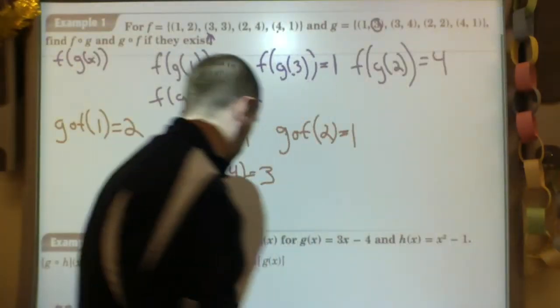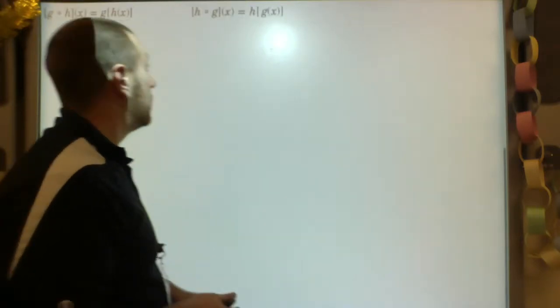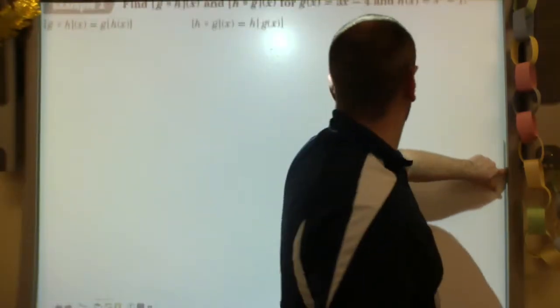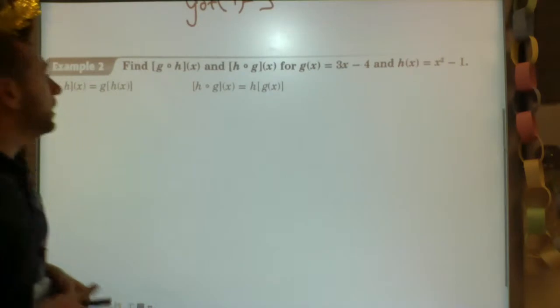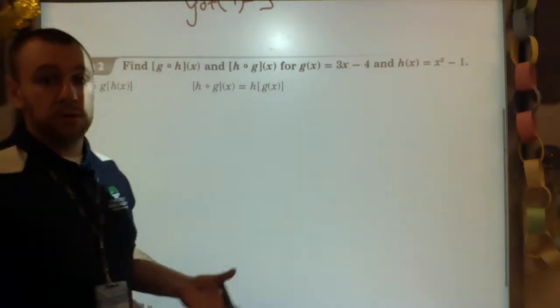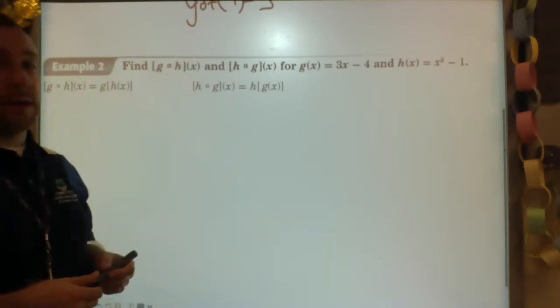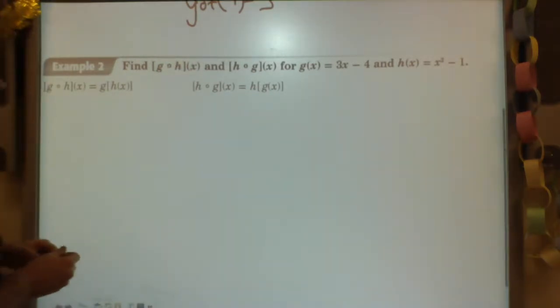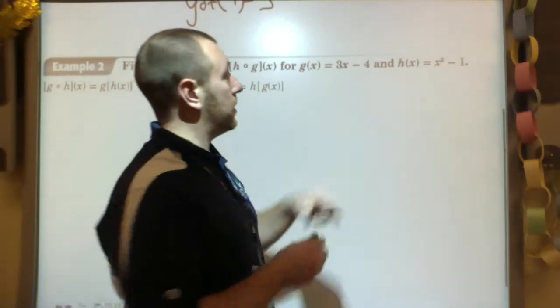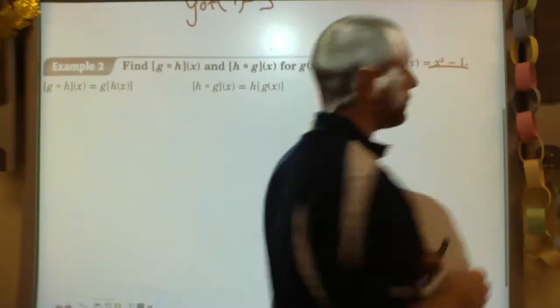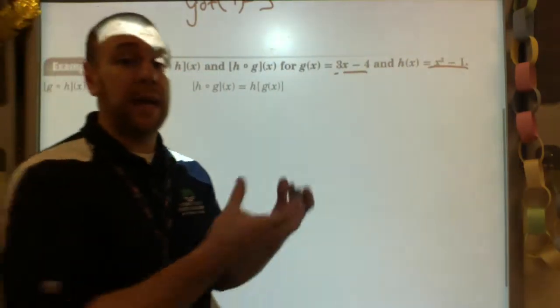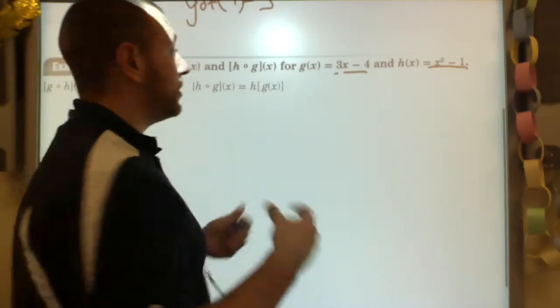It's a little bit easier when we look at functions. So what we want to do is compose g of h of x. Now, again, I don't have any numbers. I just have two functions. So what I do is I take that and I substitute it into the other.